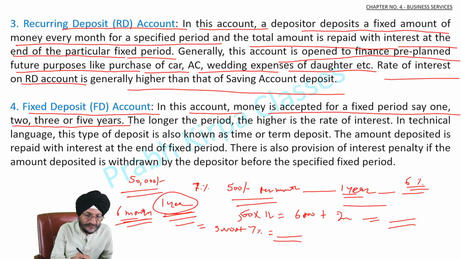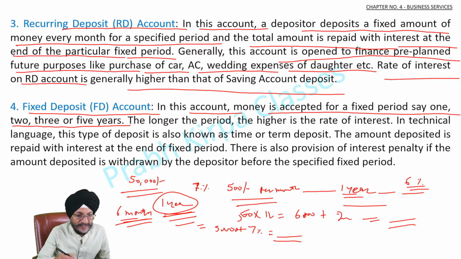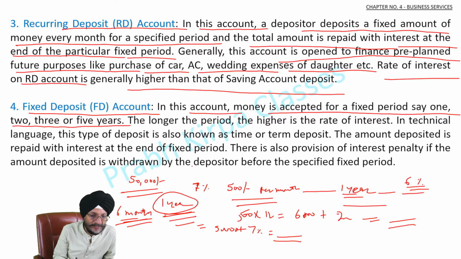That is, they may give us say 5% for 6 months. It may depend from bank to bank on the interest for that period.